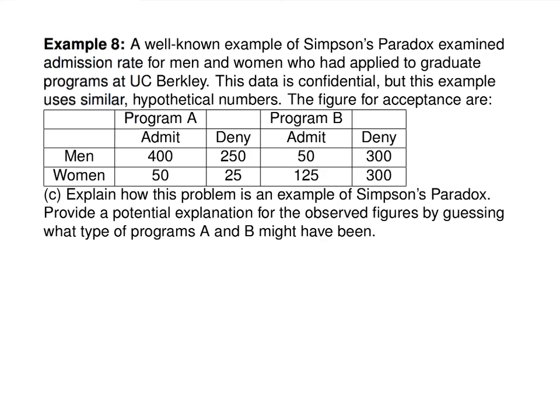Now explain how this problem is an example of Simpson's paradox and provide a potential explanation for the observed figures by guessing what type of programs A and B might have been. It's Simpson's paradox because in the overall group, one category, men, was more successful, but when broken into two groups, the women were more successful in both of those.